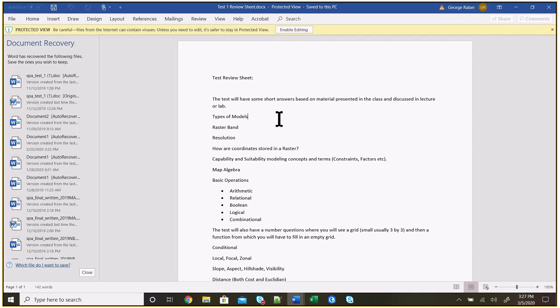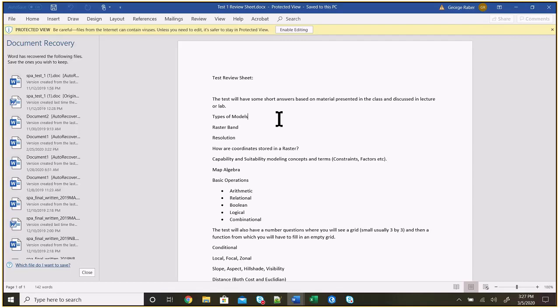Let's see, yeah, mathematical. I think today we had a mathematical model that described a process, and that was runoff. So that's an example of a mathematical model. We did graphical.